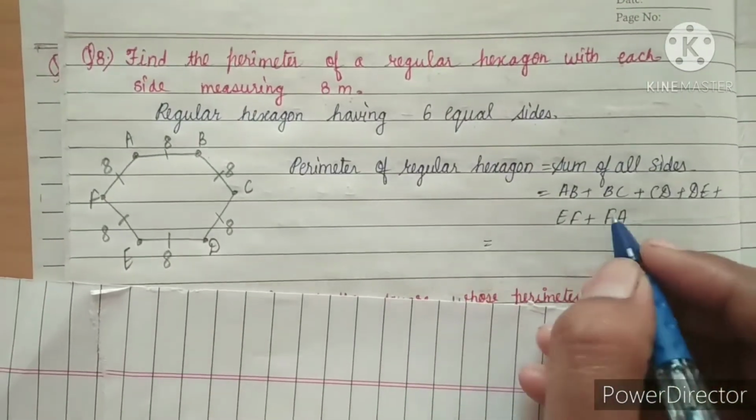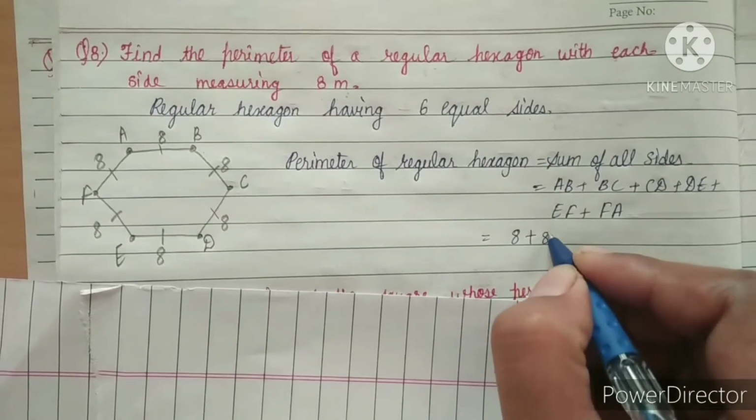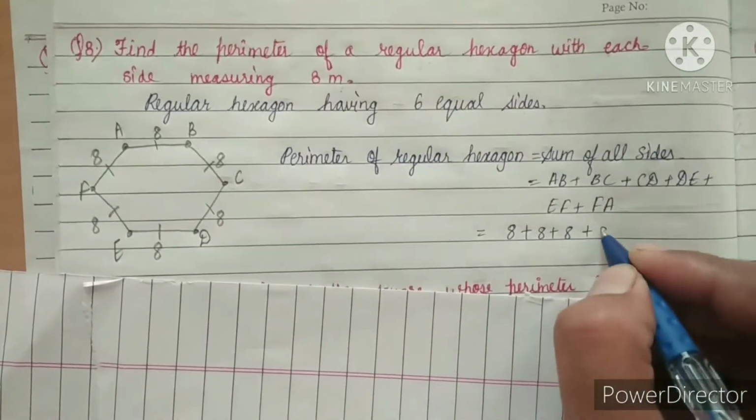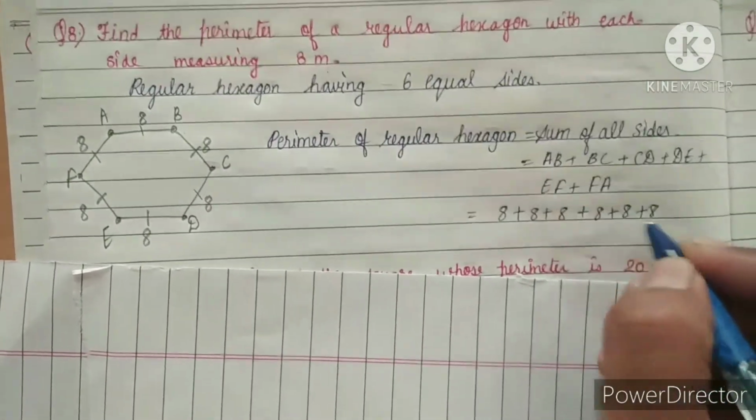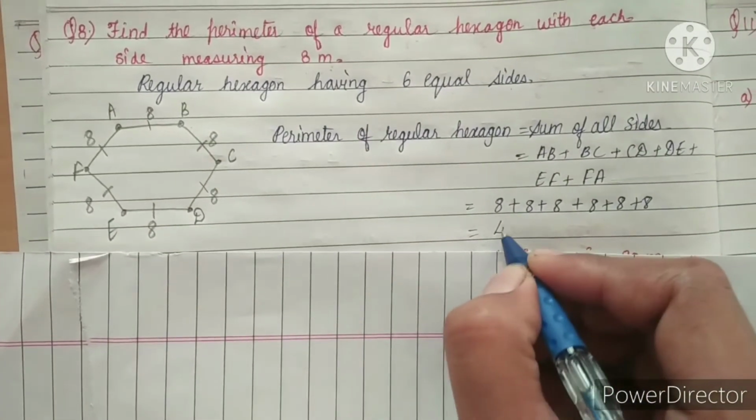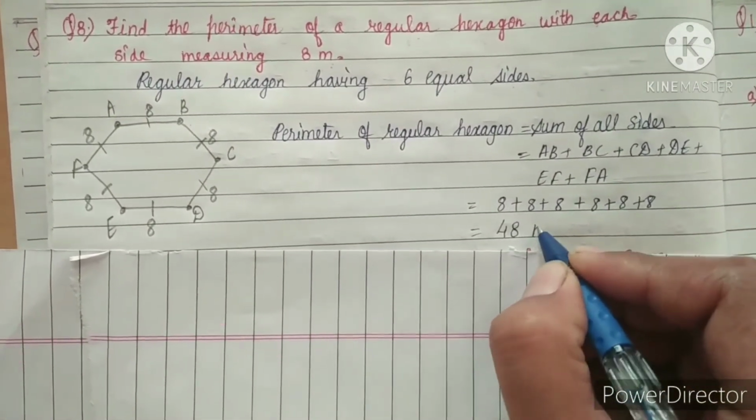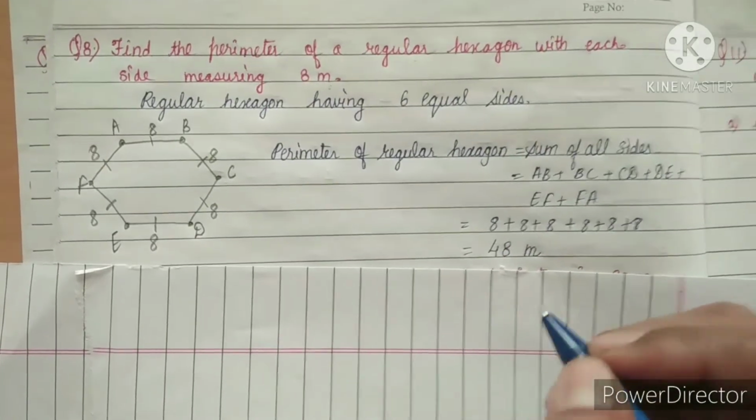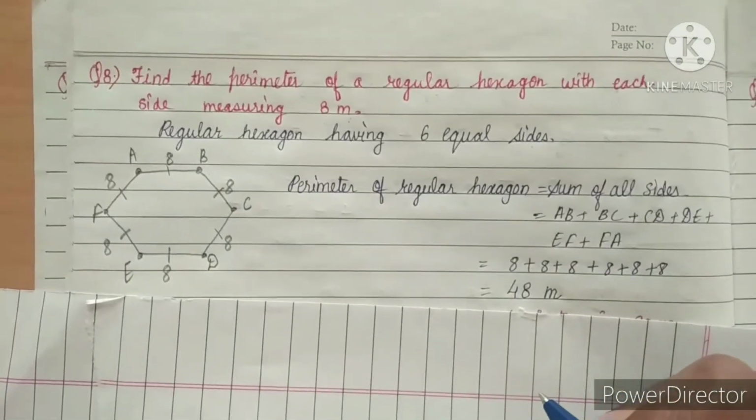All have the same measure. It means 6 times 8 will be added. Now when you add them you will get 48 and the unit will be meter. So this is the solution of the 8th one.